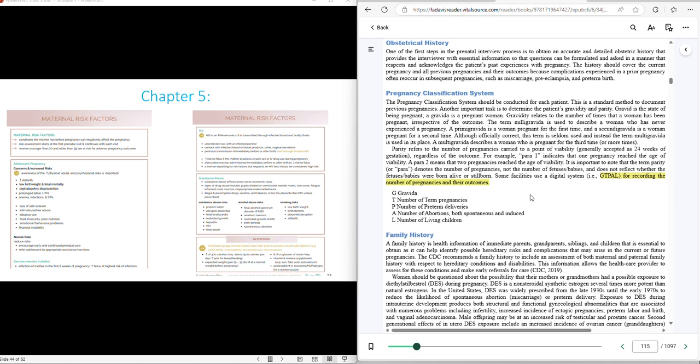The T is the number of term pregnancies. So term is anywhere from 37 weeks to 41 and 6 days. P is anywhere from 20 weeks to 36 weeks and 6 days. A, the number of abortions, including spontaneous and induced, is anything up to 19 weeks and 6 days.